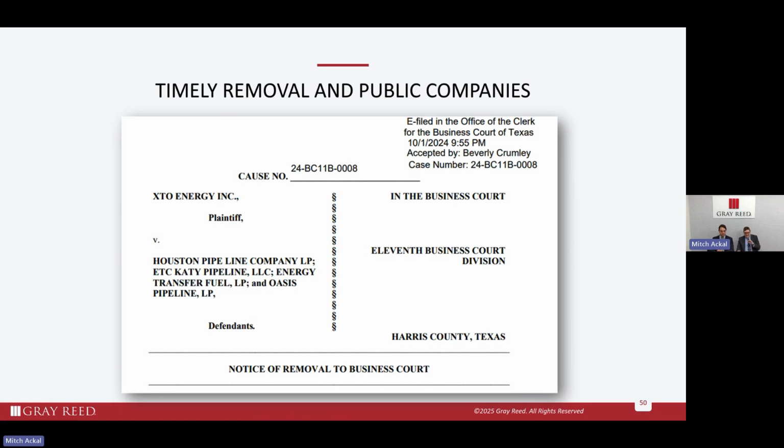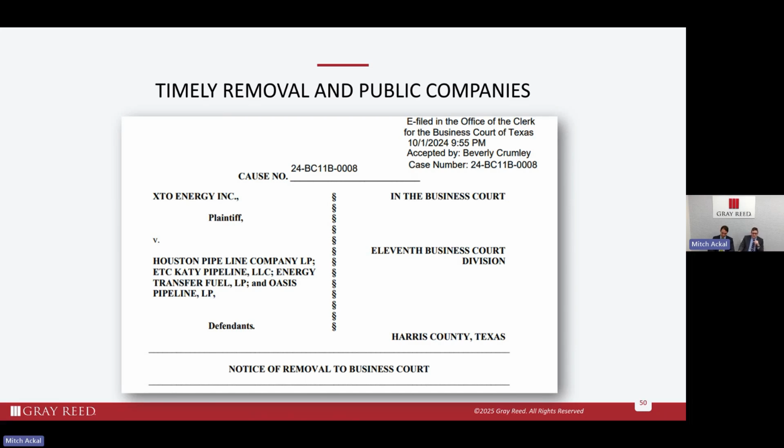If you look at the companies in the caption here, to get to one of the energy transfer companies listed there, one of the parent companies of a parent company is in fact a publicly traded company. And there's not a motion yet challenging whether or not that's a publicly traded company, and no written opinion yet from the court determining whether or not that qualifies, but we're keeping an eye on that one to see whether or not there's going to be a challenge to that definition.